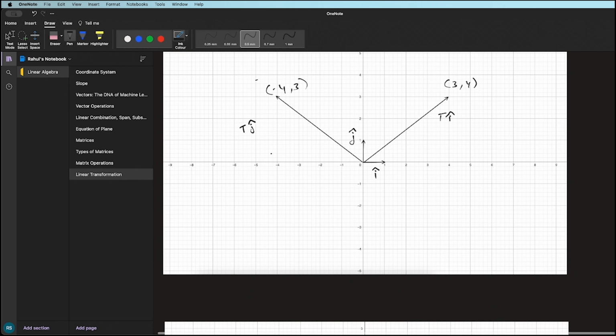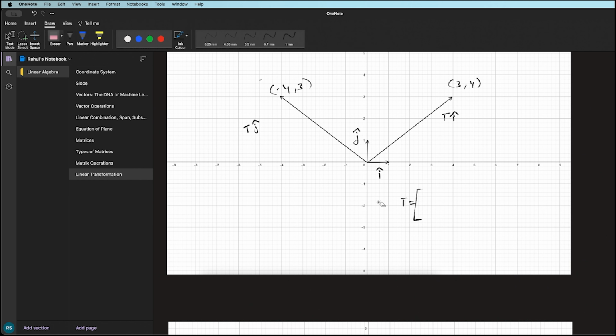The transformation matrix will be denoted by the first column containing the x and y components of transformed i hat, so this will be 3, 4, and for j hat it will be -4, 3.